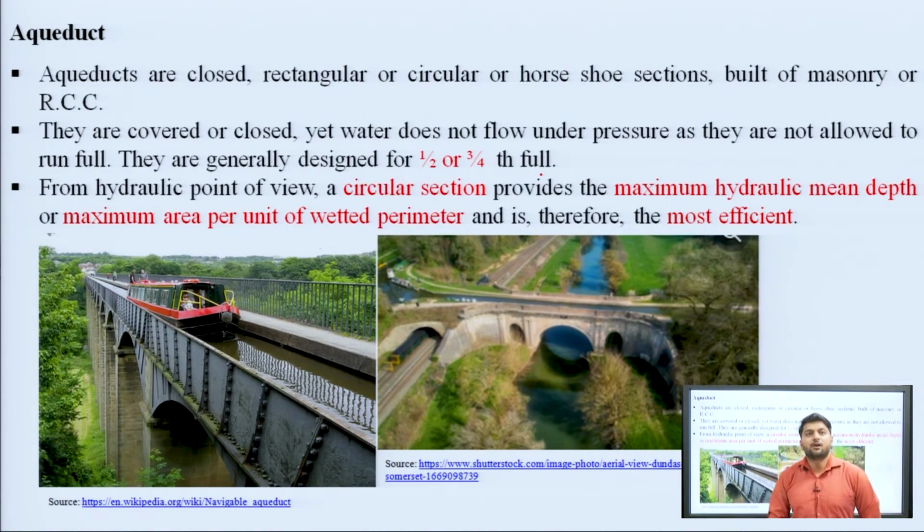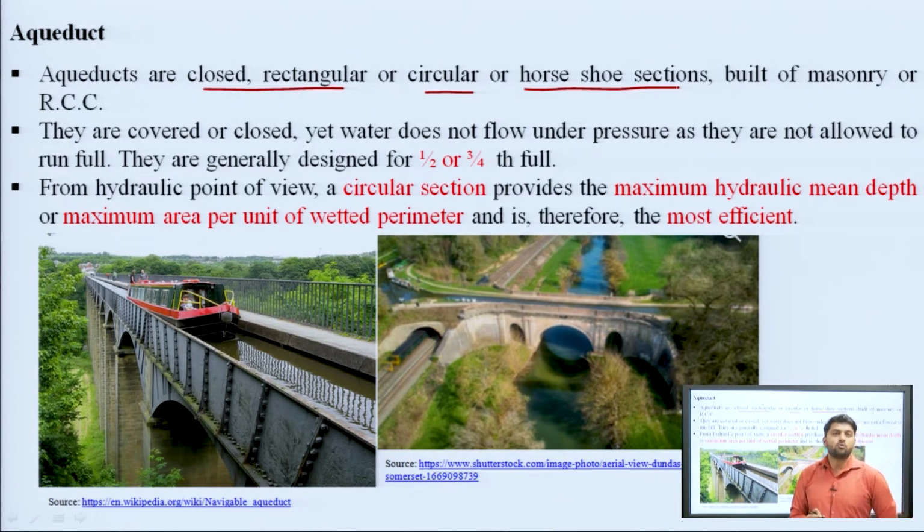Next form is aqueduct. What is an aqueduct? Aqueducts are closed rectangular or circular horseshoe sections. Basically the sections are rectangular or circular, and may be closed or horseshoe section. They are basically built of RCC or masonry work. What they do is again transmit the water.